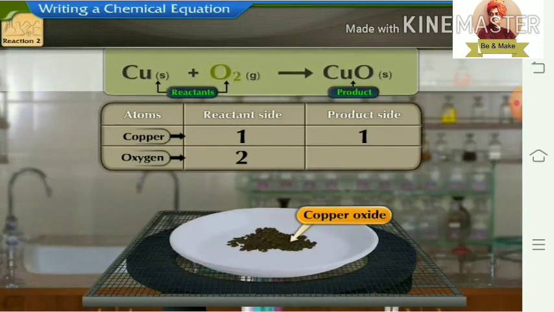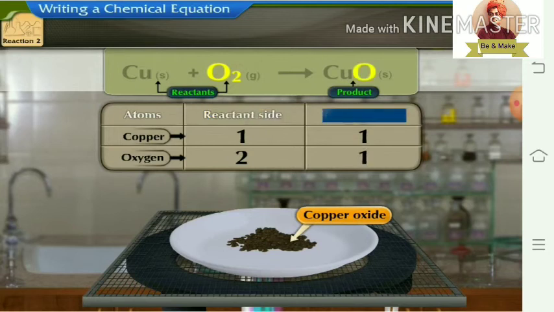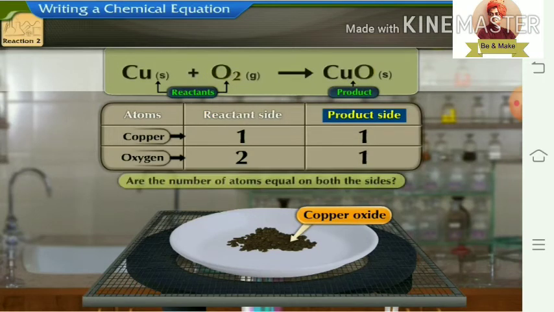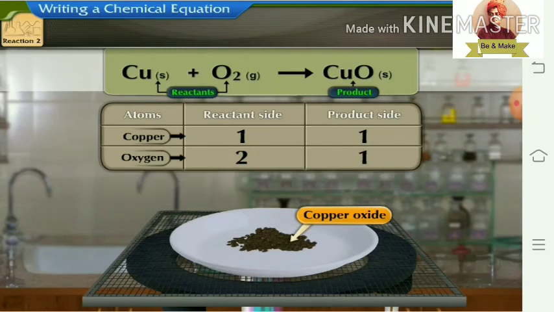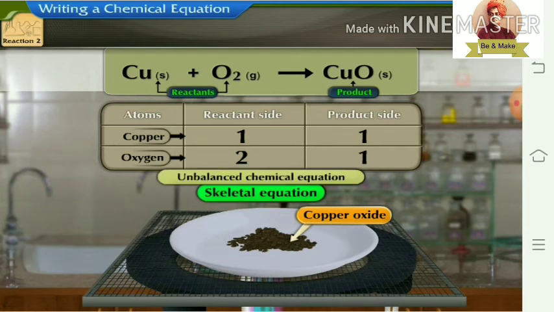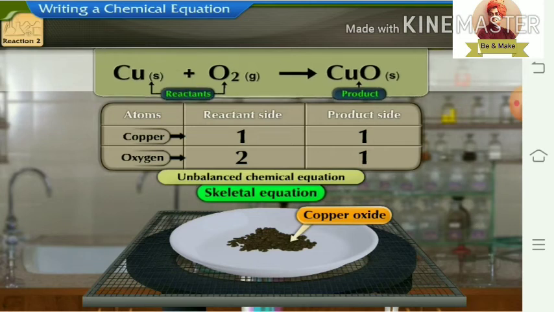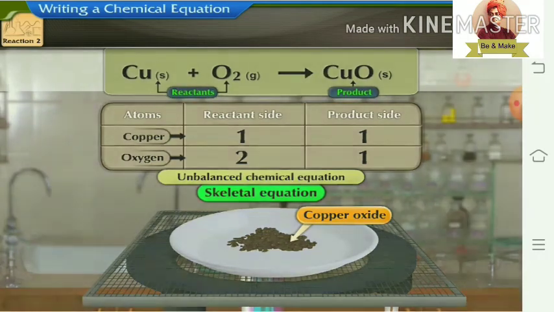Copper plus oxygen are the reactants, and their numbers are shown here. On the product side, copper is 1 and on the reactant side 1; oxygen is 2 on the reactant side and 1 on the product side. Thus oxygen is the unbalanced atom. We have to balance this reaction.